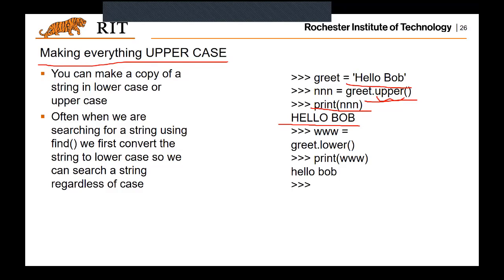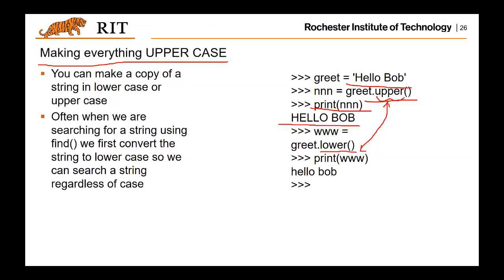And in contrast, the lower will convert everything to be lowercase. So you want to remember the two together, because basically it does literally what it shows, right? Convert everything to be upper, convert everything to be lower. All right.